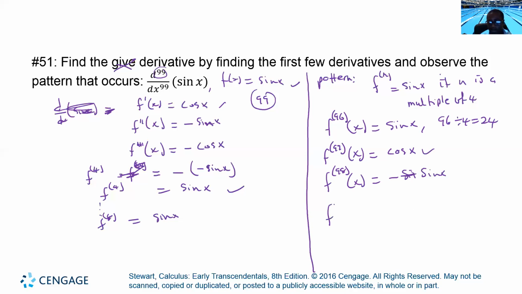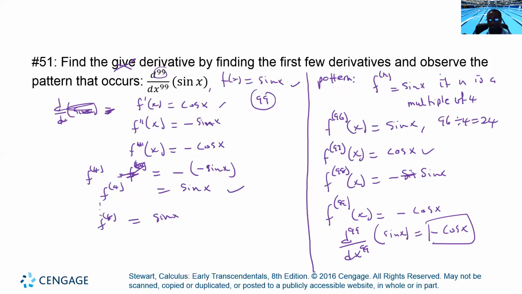Then f^(99)(x) is equal to minus cosine of x. So we have found our answer: the 99th derivative of the function sine x is equal to minus cosine x.